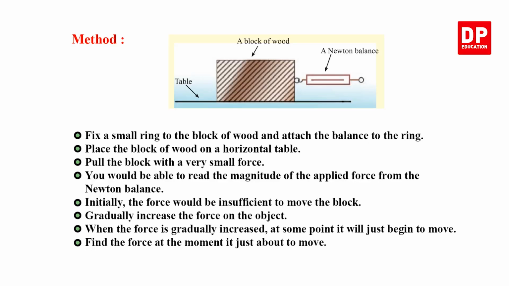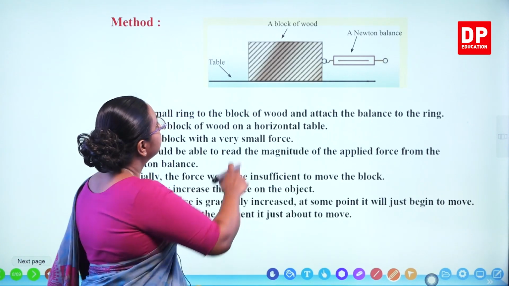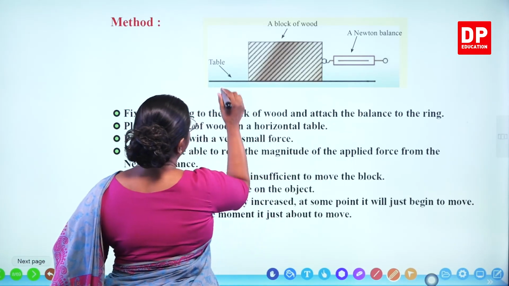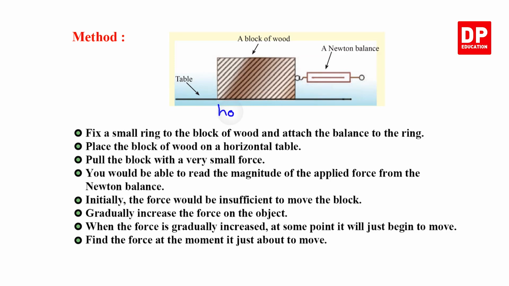So here, it's more clear to you when we use a diagram. This is the block of wood and it is there on a table, and as I told you, it has to be a horizontal table. Now you might be wondering why it has to be a horizontal surface.